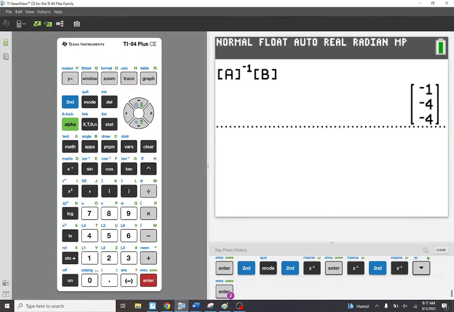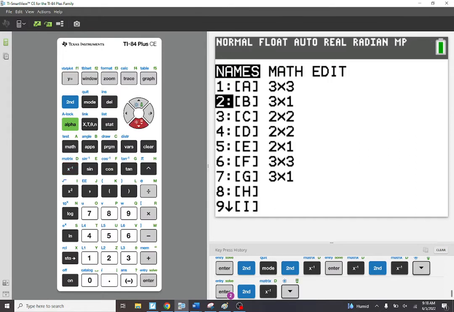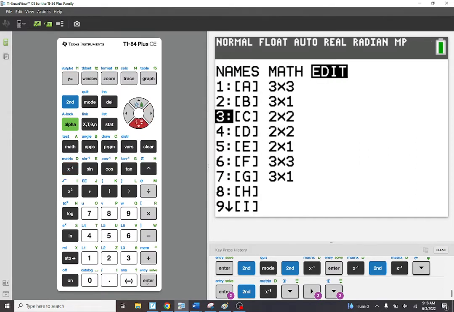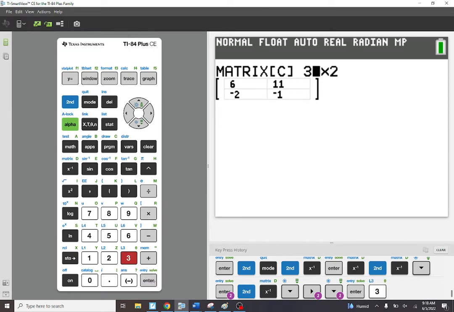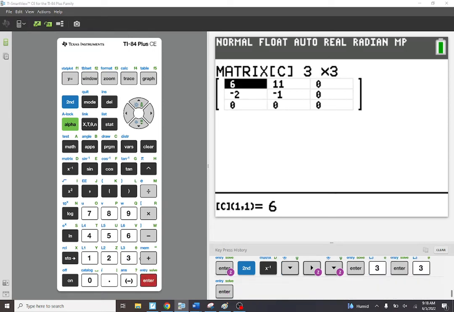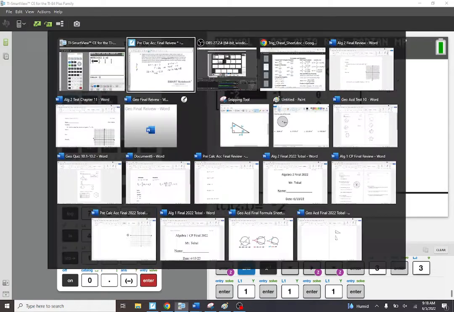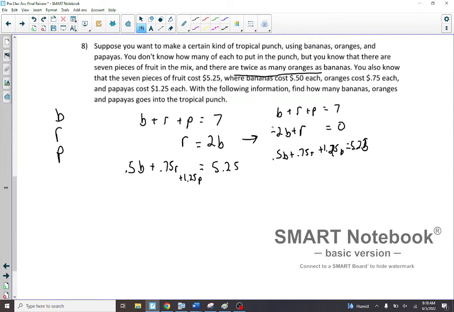Okay, with that in mind, we're going to set the matrix again. This time I'll do it in letter C. So it's going to be a 3 by 3 matrix where the top row is 1, 1, 1: 1 banana, 1 orange, 1 papaya. Here, it's going to be negative 2b plus r plus nothing.